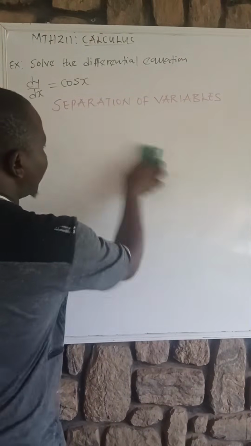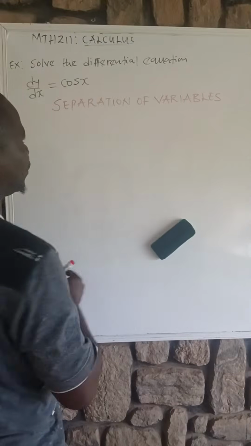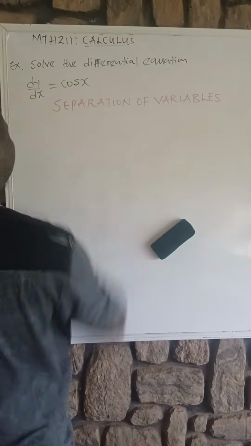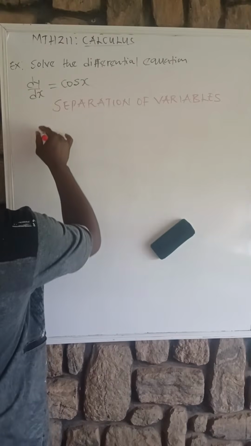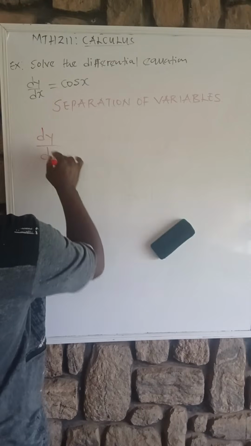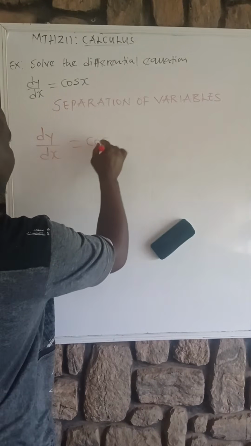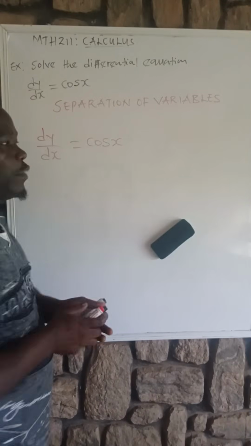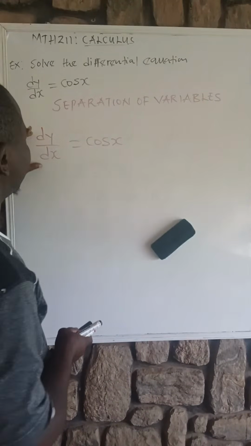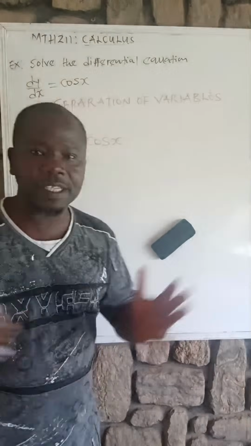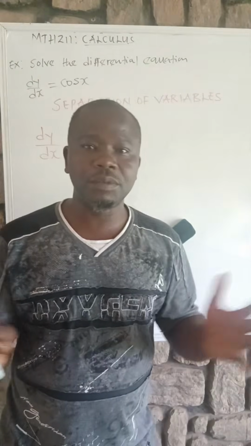So now, when they say using separation of variables, for example, this is a differential equation, dy/dx equals cos x, right? Before you can integrate this function, you have to separate the variables.